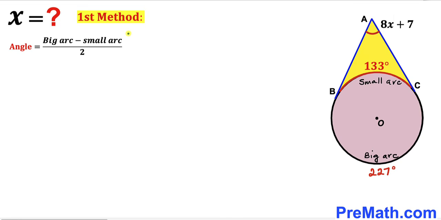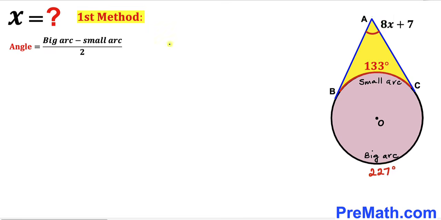Now let's recall this formula: the angle is always equal to the big arc minus the small arc, all over 2. In our case, our angle is BAC, our small arc is 133 degrees, and our big arc is 227 degrees.